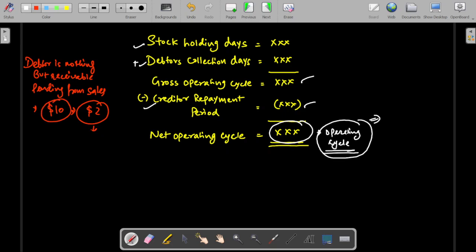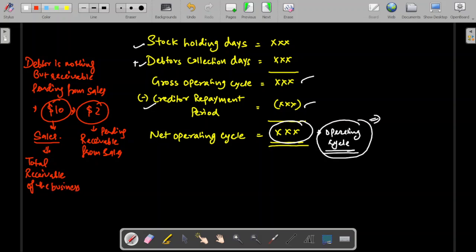So these $2 represent the pending receivables from sales. This is our sales, or we can also say this is the total receivables of the business.